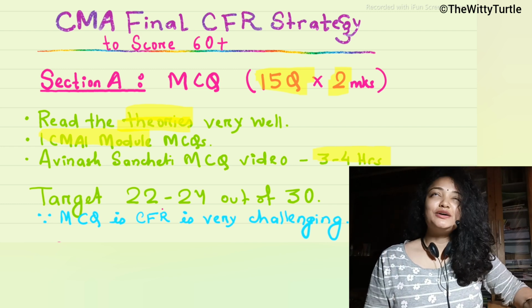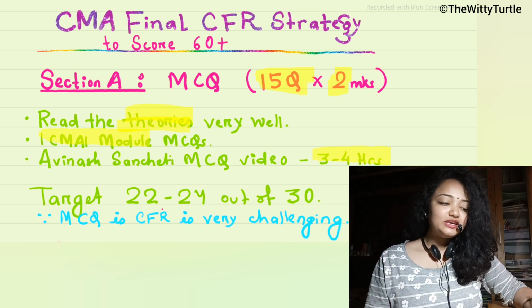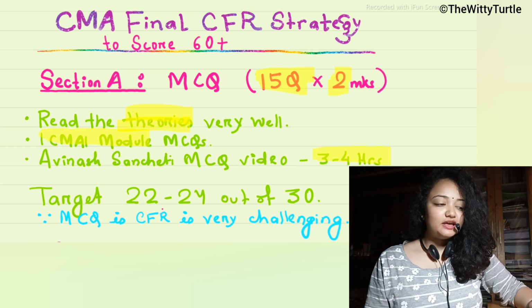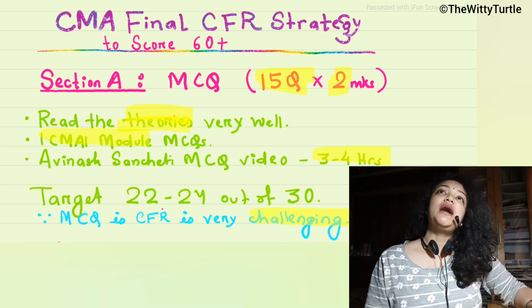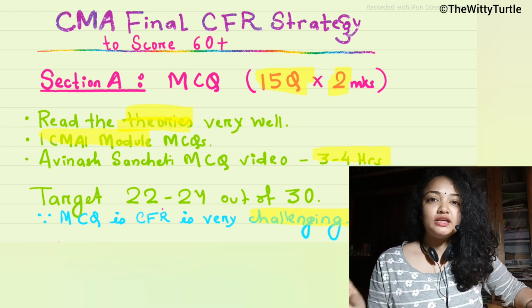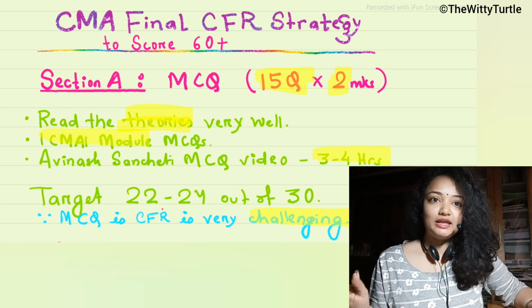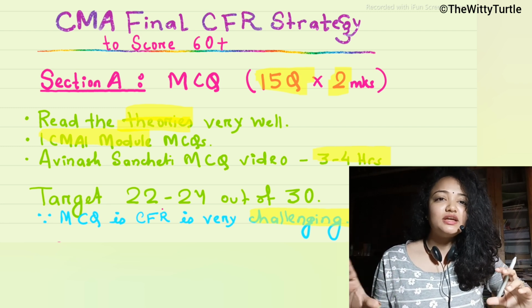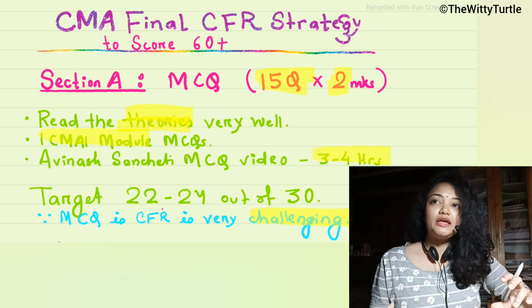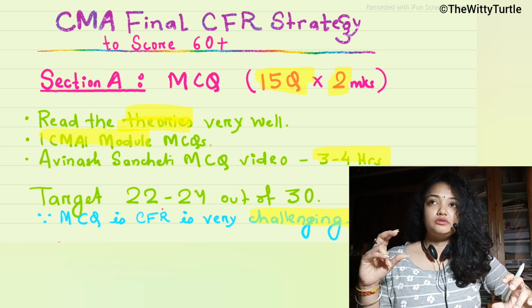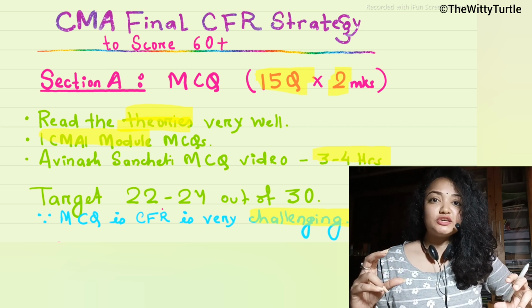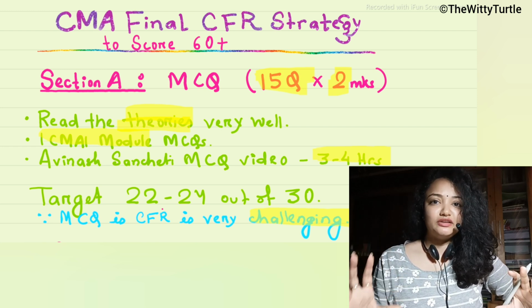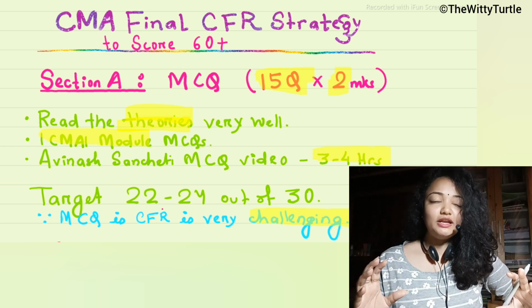Then MCQ in CFR is very challenging, right? It's not your IDT, it's not your cost audit की MCQ में हम ज़्यादा score कर पाए, नहीं. It's not like that. It's very challenging, and if institute starts playing with the numericals in the MCQ section, then it gets very difficult for you to go through it, right?